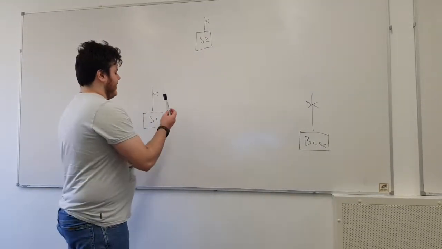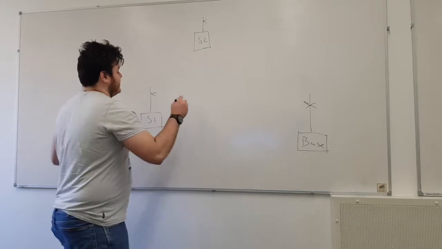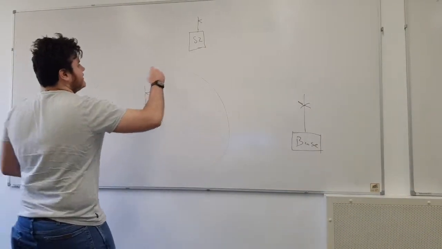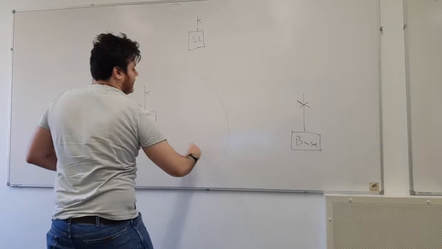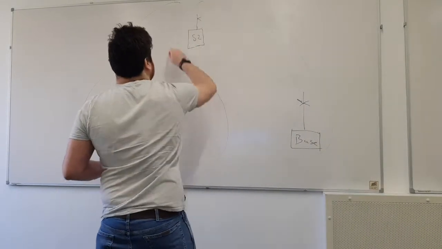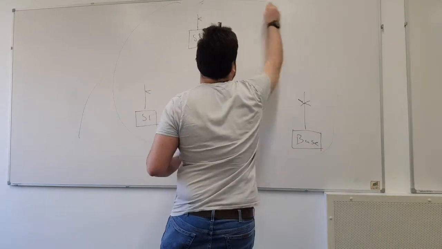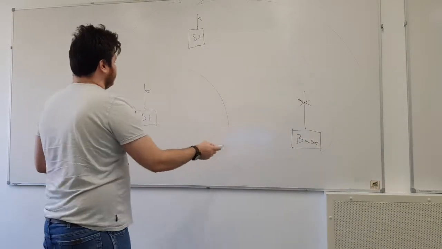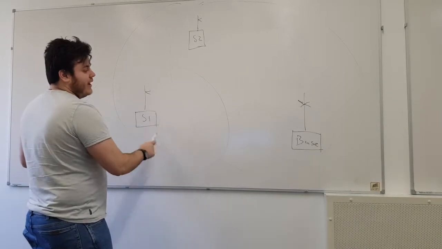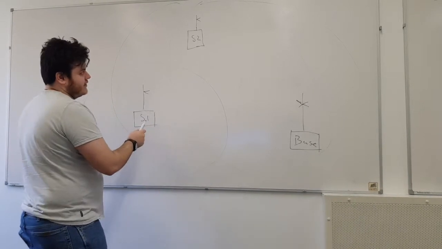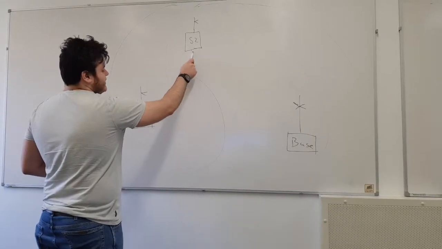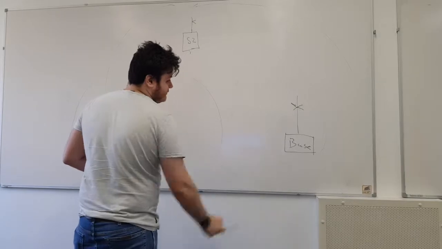If these are the ranges of each of these, then we can see that this sensor is out of range of the base station. So the communication for this sensor to get to the base station will route through this sensor and head to the base station.